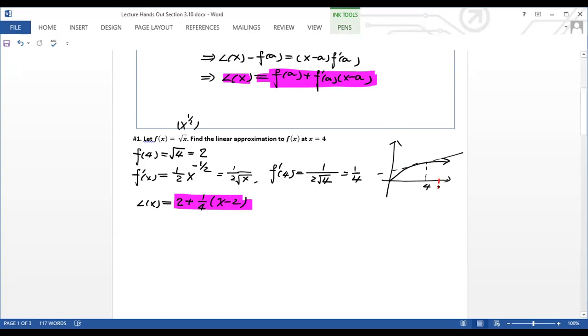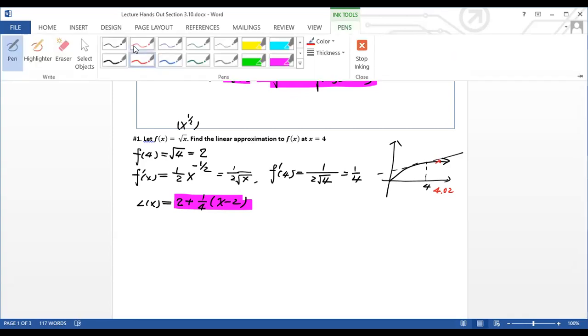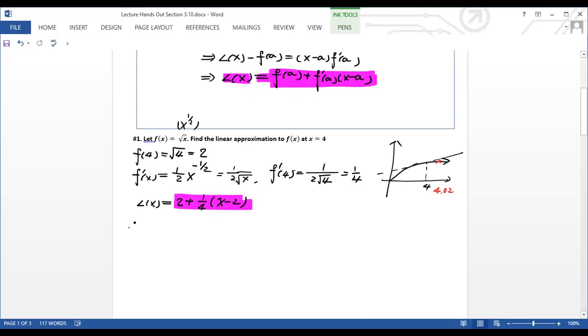If I want to see the real value of the square root of 4.02, without a calculator, it's probably very difficult to find. Think about it: without a calculator, I don't think it's easy to do that.